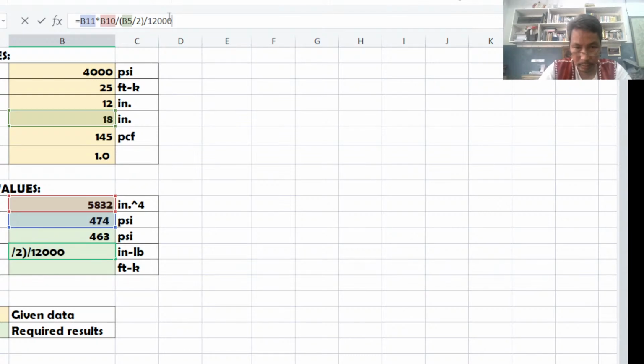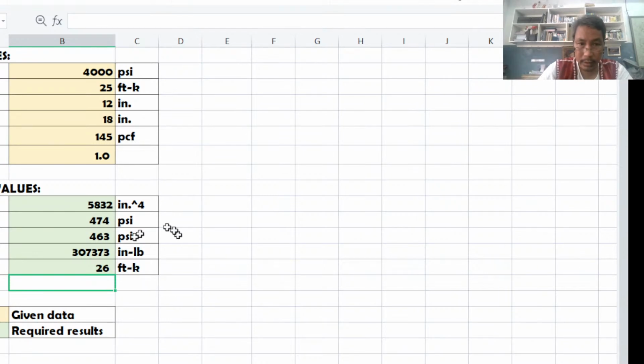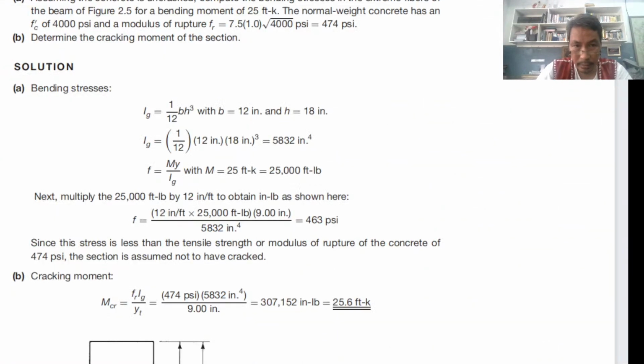So this one is divided by 12,000. That's why the answer has 2 significant digits. So let us give another digit. So 25.6. The answer should be 25.6, which is the answer of the book.